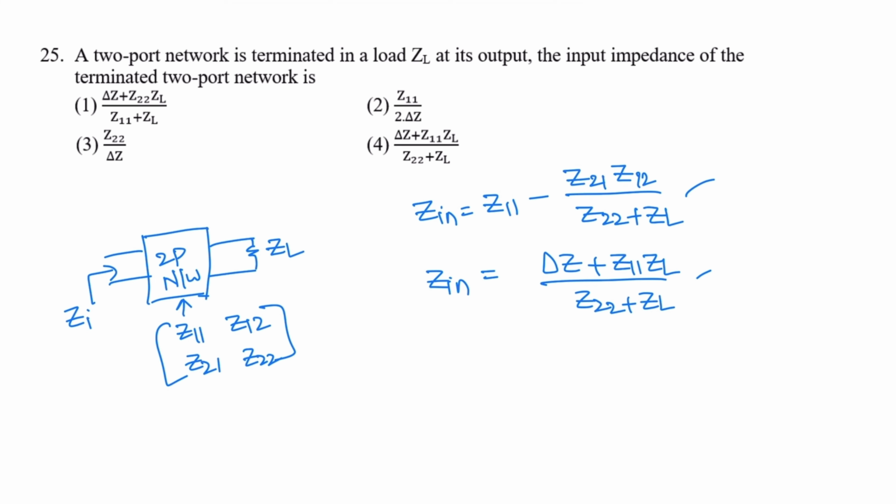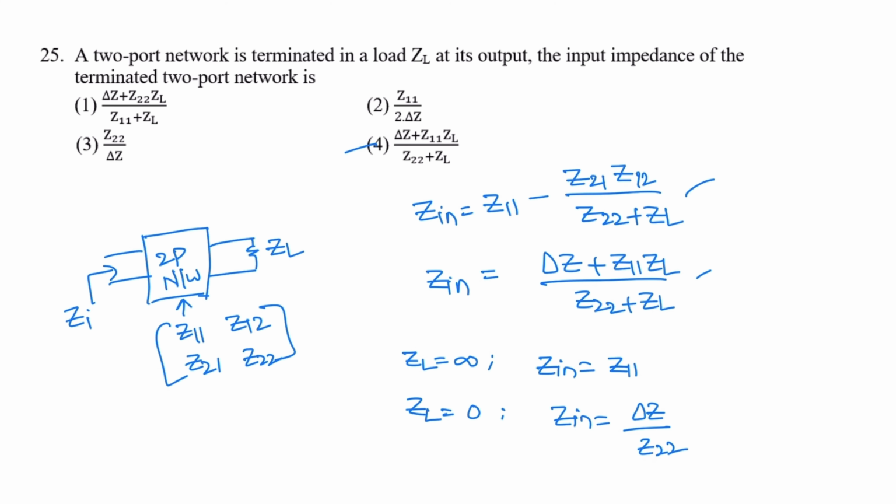Now if the output port is open circuited, so if ZL is infinity, then the input impedance of this two port network is Z11. If the output port is short circuited, so that is ZL is 0, then the input impedance becomes delta Z by Z22. So the correct option is 4.